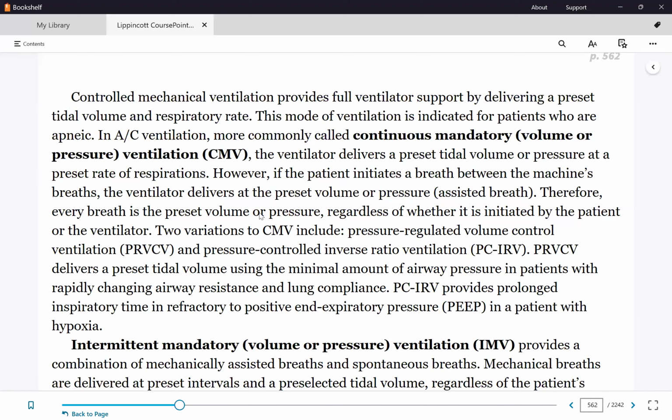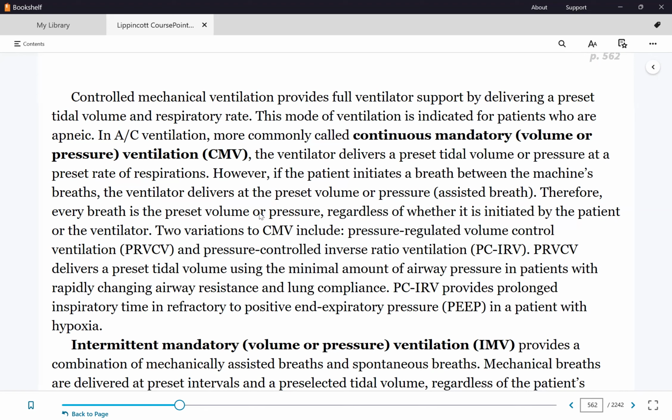The vent will give the breath every how many seconds? 60 divided by 12? 5. So every 5 seconds on the dot, the vent will give them 400 ml.